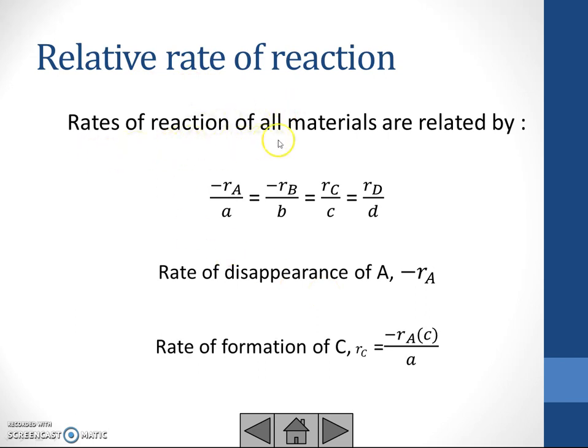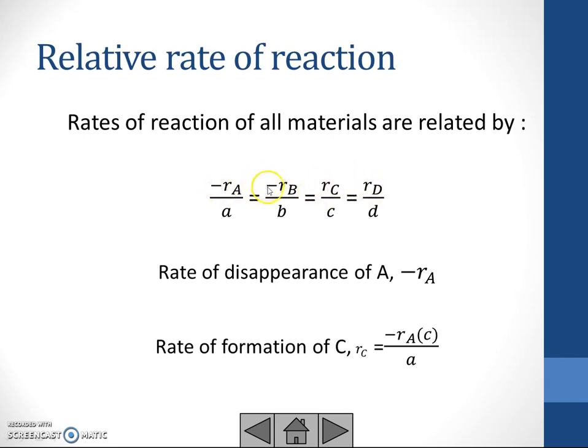The rates of reaction of all materials are related by negative rA over a equals negative rB over b equals rC over c equals rD over d. As you can see from the signs, for reactants we have negative because they are disappearing, and for products we have positive because they are being formed, though we don't write the positive.